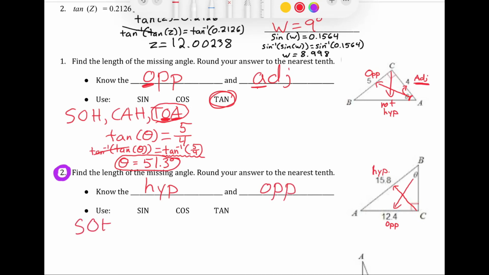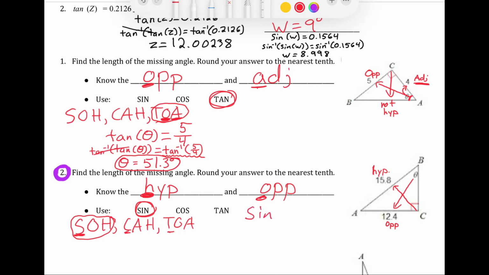So in our SOHCAHTOA saying, which one involves an H and an O? The SOH part, so the sine part. Again, the first letter tells you which trig function to use, S, C, or T: sine, cosine, or tangent. So in this one, we're using sine.